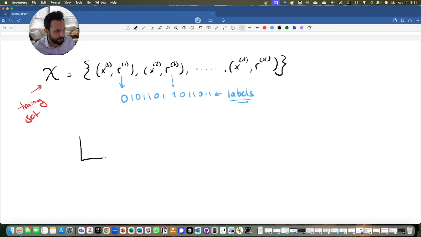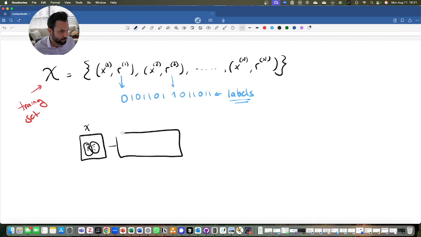So again, I'm going to draw my ugly looking brain MRI. That's my X, and my X goes to this feature extractor, and I get one H, the same way.